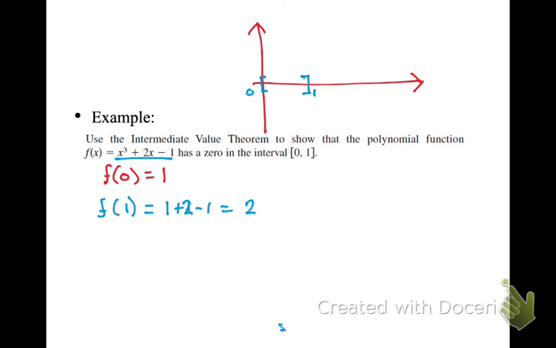So is x cubed plus 2x minus 1 continuous? Yes, because what kind of a function is it? A cubic function. Well, yes, but it's a polynomial function. And a polynomial function, its domain is all real numbers. So it is continuous.